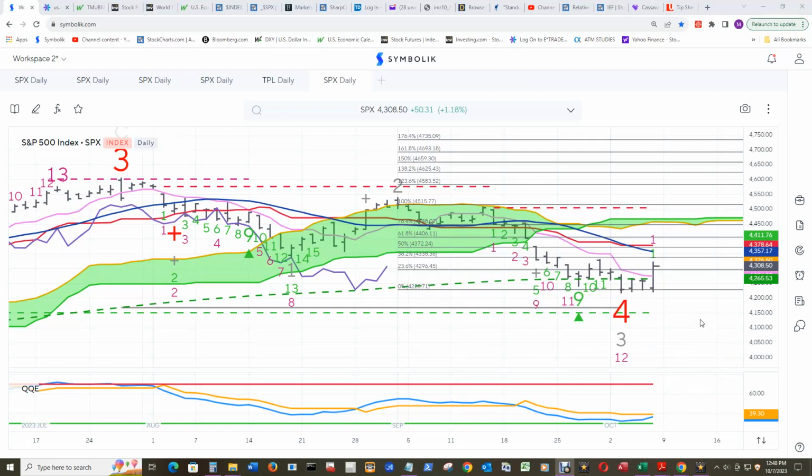Keep blasting to the upside and get above this high, 4540.82, and tick higher than that.